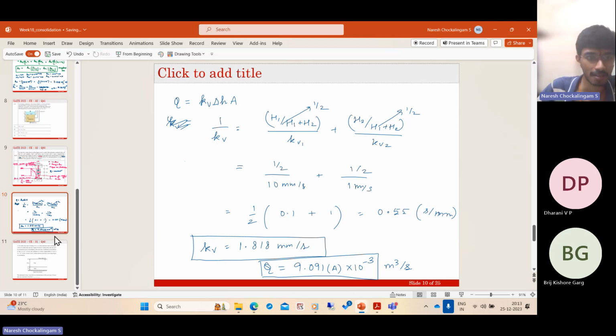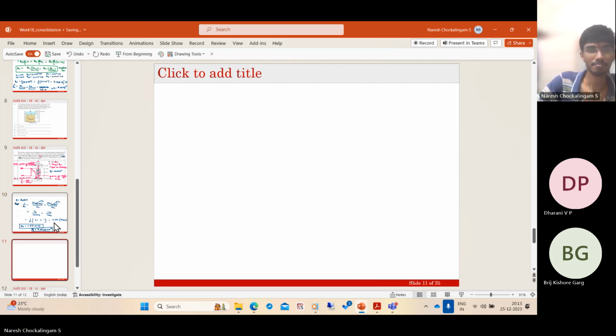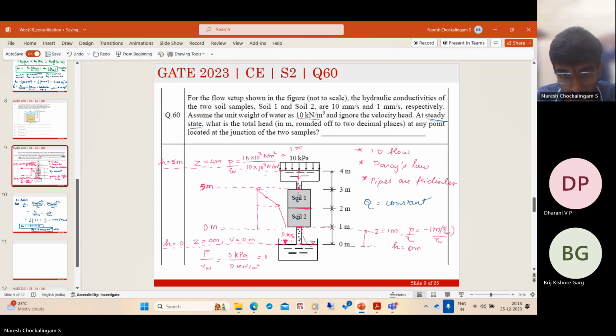The next step is simple. We have the total flow rate, and we need to find what is the head here. The total head here is 0 meters. The total head here will be 0 plus delta H2, which is also equal to 5 minus delta H1, because delta H1 plus delta H2 should be equal to the total head loss, which is 5 meters.